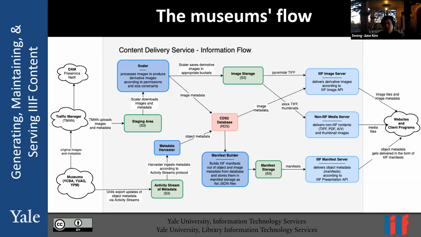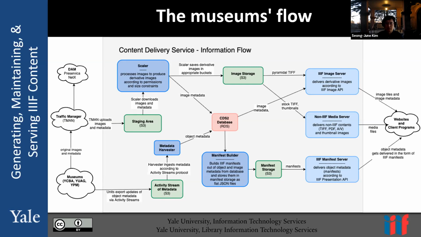So the rightmost column, the light blue components, are the public-facing web servers: the IIIF image server and the IIIF manifest server. Also, there's a server that serves some non-IIIF assets like static TIFF files and thumbnail images and so on.